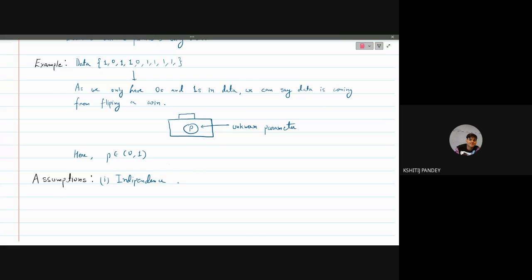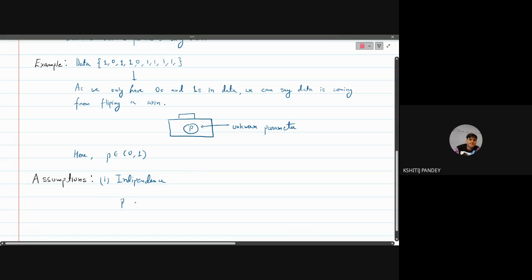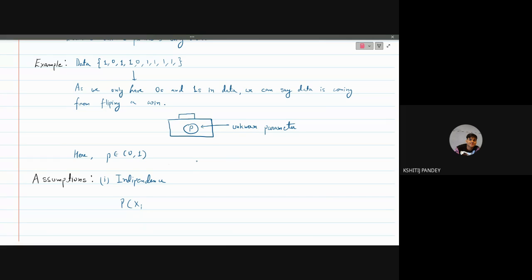What do we mean by that? When we say that your jth toss resulted in heads or tails, that will not change the probability of the outcome of the ith toss.